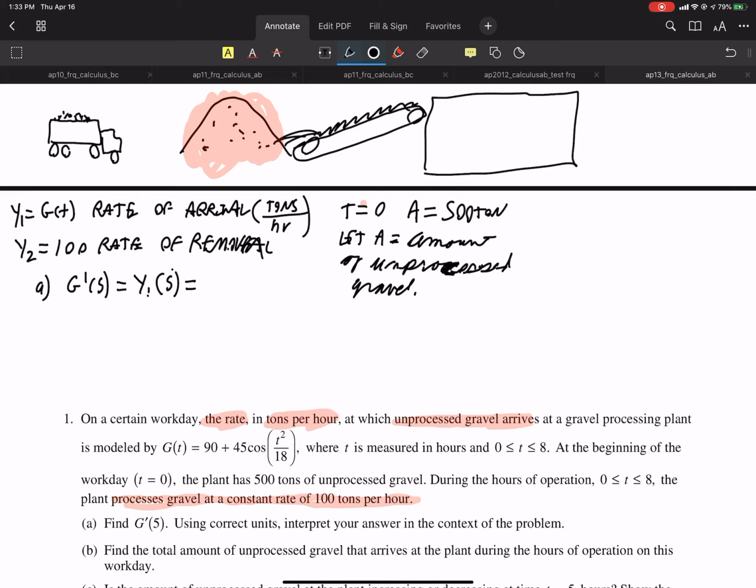Oh, I'm a liar, pants on fire. Let's back up a little bit. What I put there would only find for you, okay, let's start all over. So they want G prime at 5. What I found for you is just G of 5. I want G prime. So I need to, in my calculator, do the derivative of y1 at 5. So I'll tell you the steps.